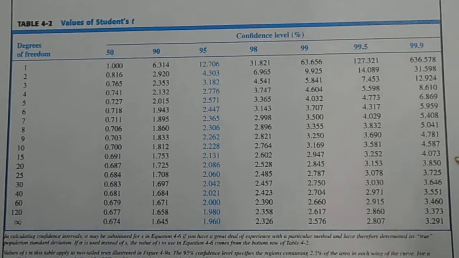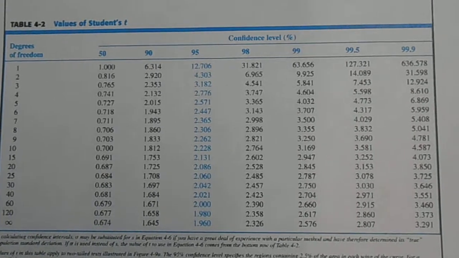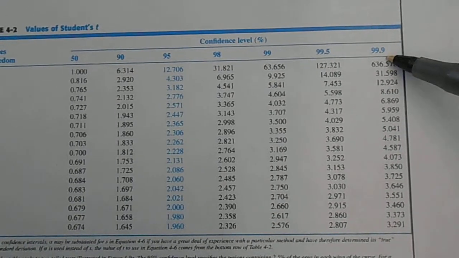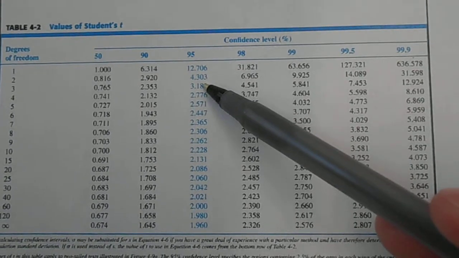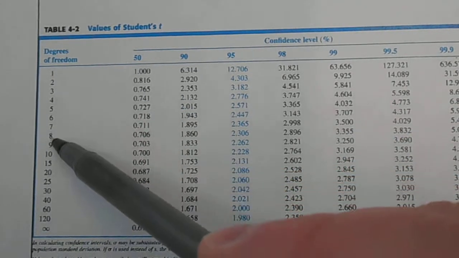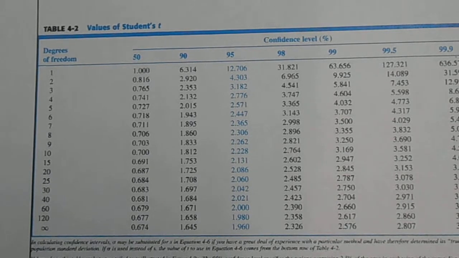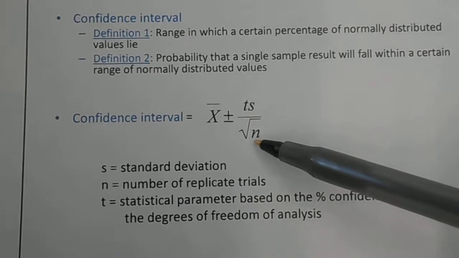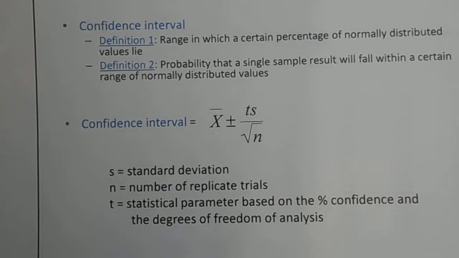We just looked at an example of 68.26%, one standard deviation, but we could also look at, say, 99.9% confidence, or 95, which is what we probably use most often. You can see these are dependent on the number of degrees of freedom. So let's look at an example of how our equation applies here: the mean plus or minus t times standard deviation over square root of n.